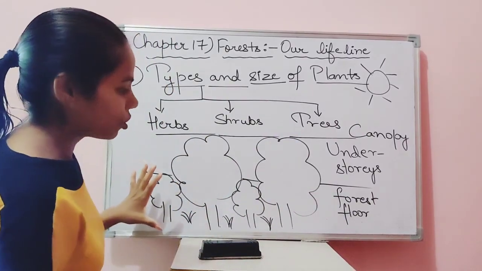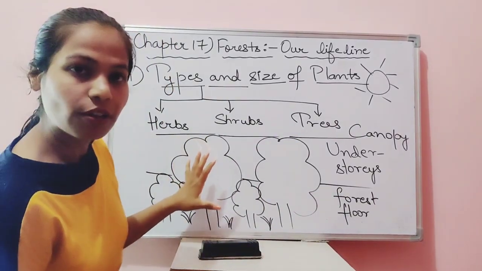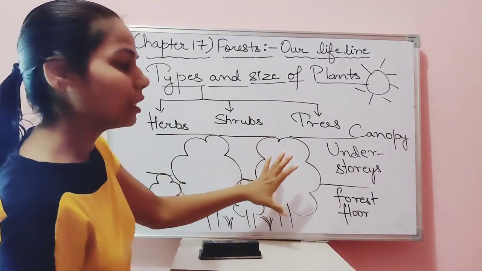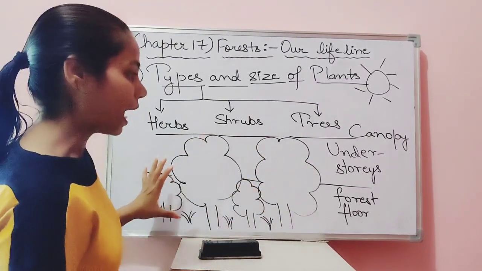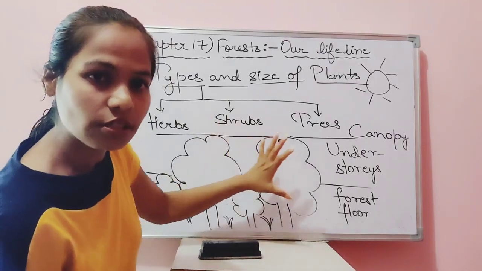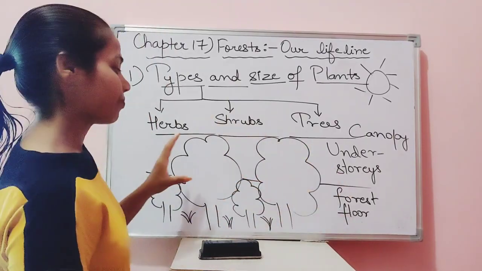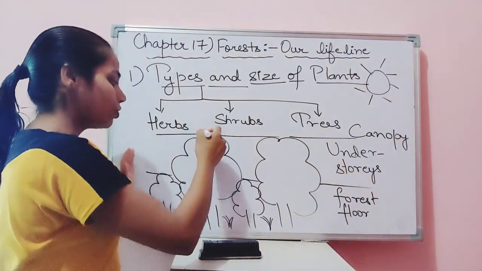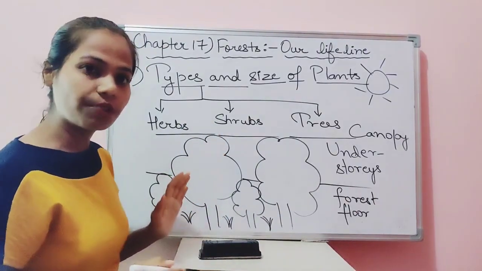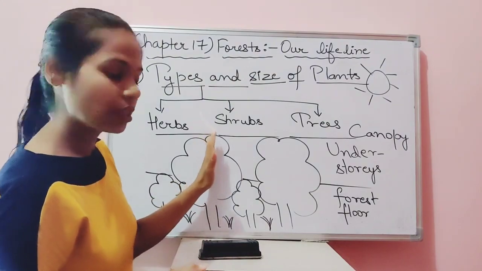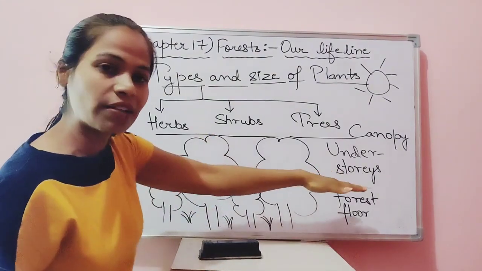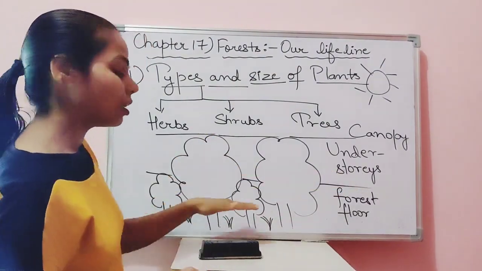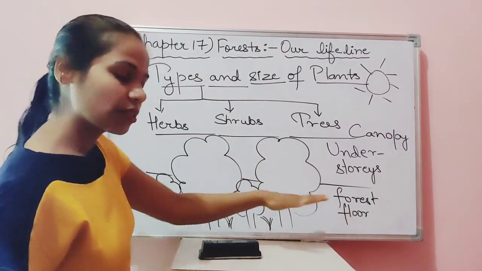So here is a picture I had drawn to show the climatic conditions and the forest conditions. Let's have a look over here. There are 3 types of plants I had drawn: the giant trees, the middle range plants and the ground plants.